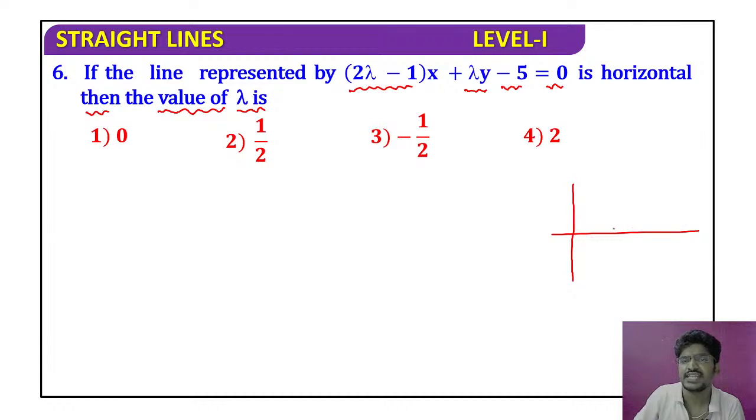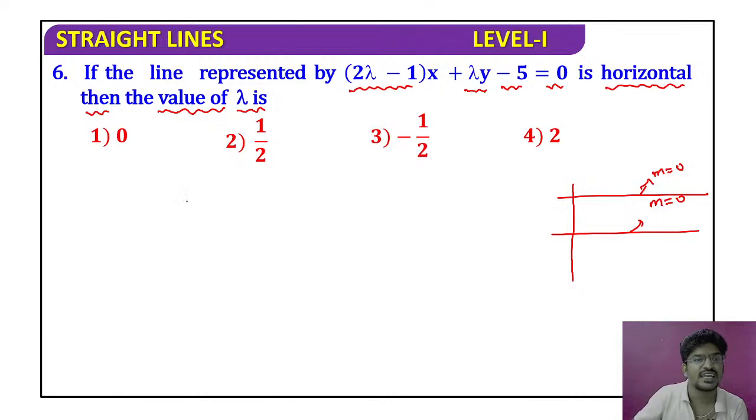Horizontal line means x-axis. We know that the slope of the x-axis is 0. Therefore, for lines parallel to the x-axis, again the slope will be 0. So the horizontal line means the x-axis and the lines parallel to the x-axis. So directly you can tell that option 1 is the correct one.